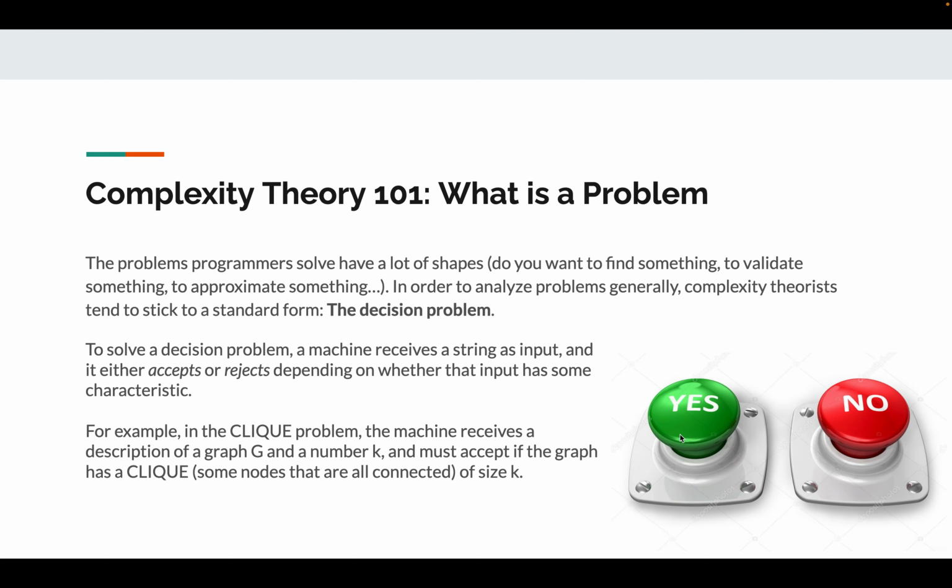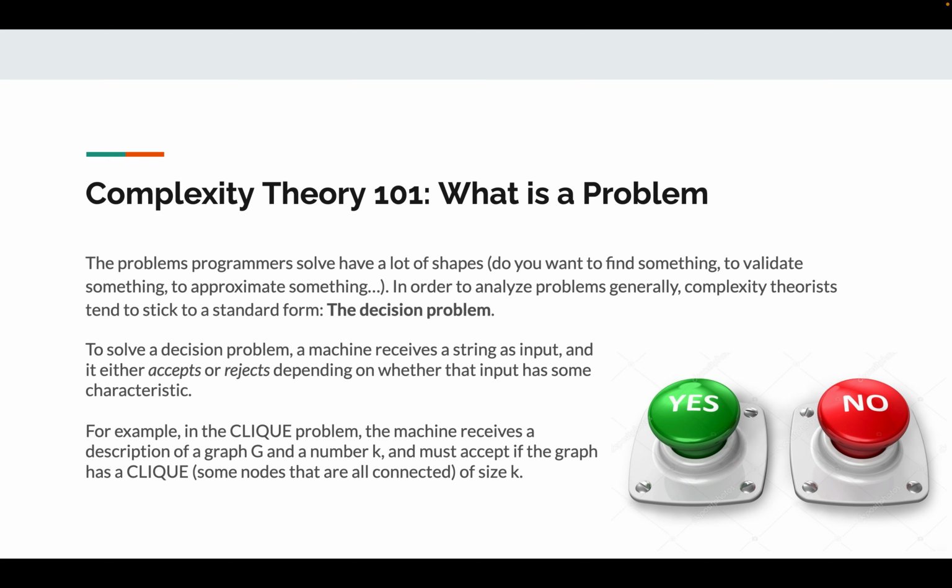So now that we've specified models, we need to specify the problems that they're trying to solve. And this is a little interesting because programmers are solving all sorts of problems. Sometimes you're doing search, sometimes you're validating or approximating something. In order for this to be tractable, complexity theorists usually pick one section and stay in it, and the standard one is the decision problem. You can look at the others certainly, but the decision problem is the gold standard.